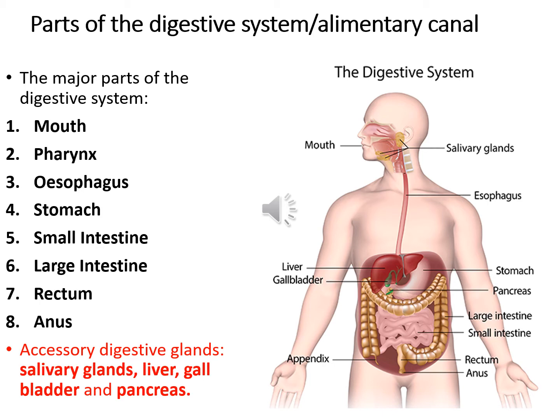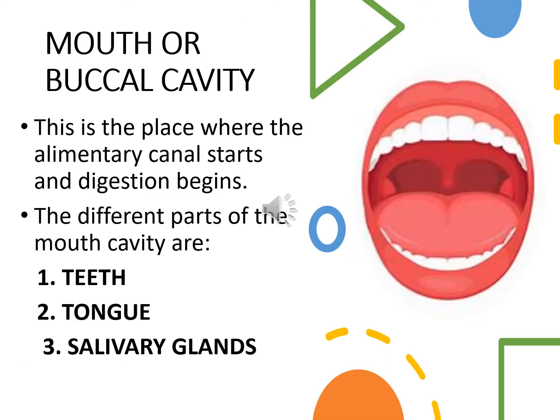The glands are salivary glands, liver, gallbladder, and pancreas. Mouth or buccal cavity. This is the place where the alimentary canal starts and digestion begins. The different parts of the mouth cavity are teeth, tongue, and salivary glands.